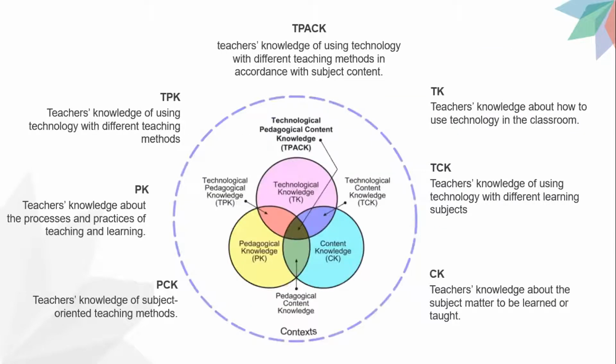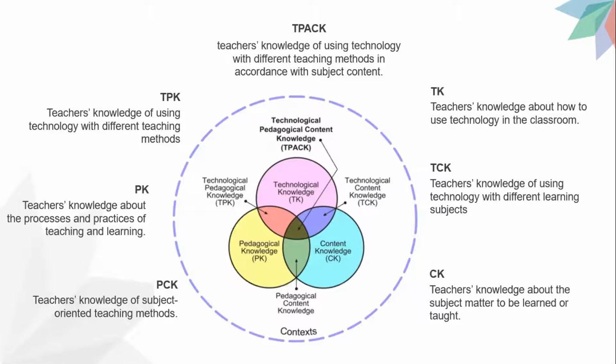So this figure is very popular nowadays. The big circles, the ones with color pink, blue, and light brown, are the basic 3 components: the technological knowledge, the content knowledge, and the pedagogical knowledge that must be mastered and acquired by teachers or pre-service teachers.